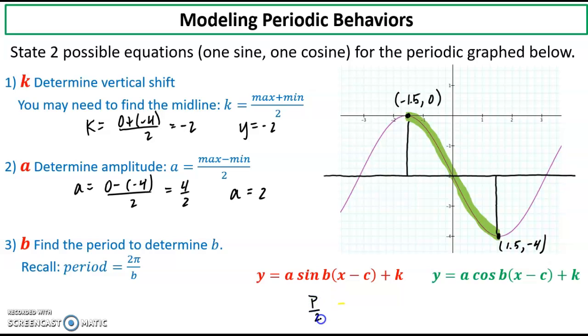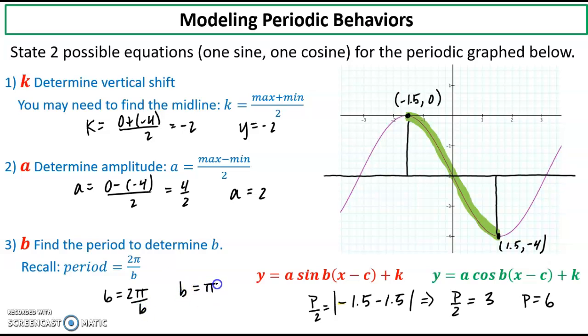Half of my period is from -1.5 to 1.5, a distance of 3 units. So what would my period be equal to? It would be a total of 6 units. So when I attempt to solve for B, pause the video and verify for yourself that you get B is equal to pi over 3.